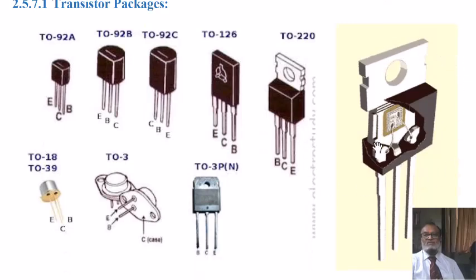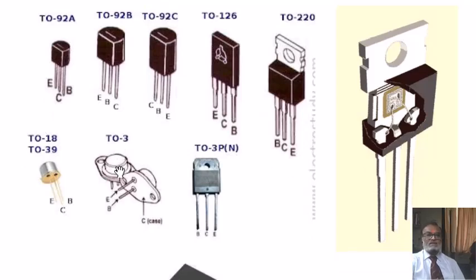This other figure shows a cross-sectional view of how the transistor is actually packed inside the enclosure, that is the body of the transistor. Inside you will see a PNP or NPN structure, and the leads are connected from these areas to the pins. The back terminal here is a heat sink on which the internal chip is mounted.